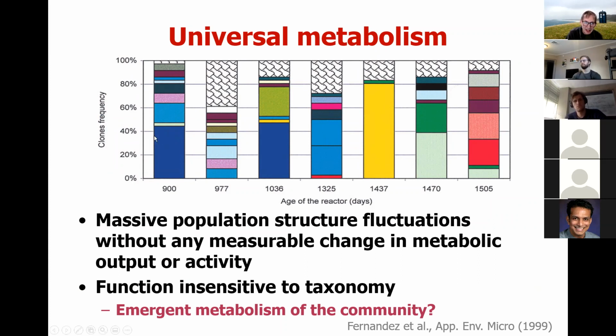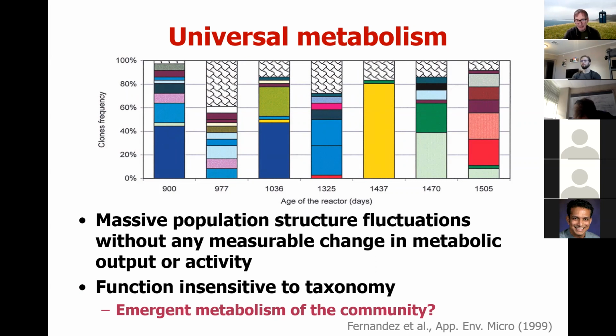What they were able to find, and these different colors here represent different types of bacteria, was that the populations were continually fluctuating. They found that it's not true that all the populations are just sitting there with some constant composition. They're constantly fluctuating. Some bacteria are growing in prevalence, then they're dying, and then another one's coming to take its place.